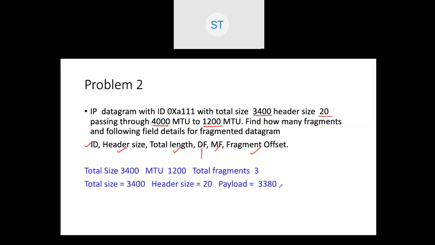So first you calculate how many fragments. Total size is 3400 and MTU is 1200. So maximum 3 fragments. You can easily calculate that by simple division. 3 fragments.